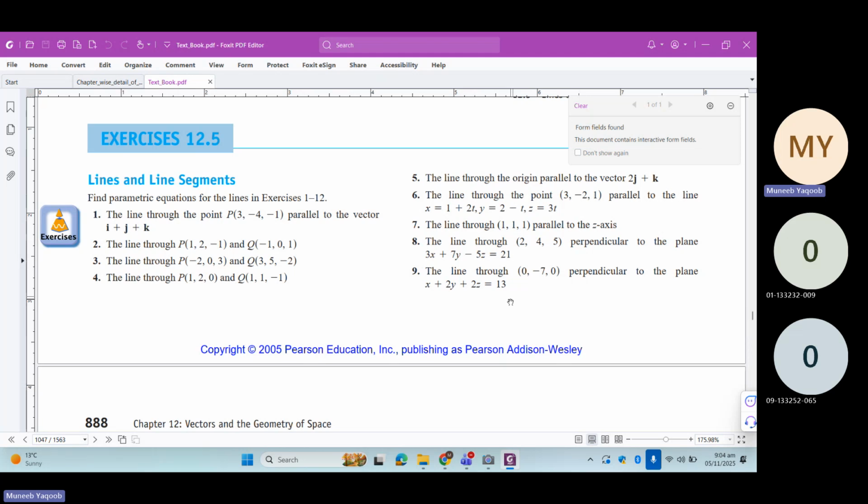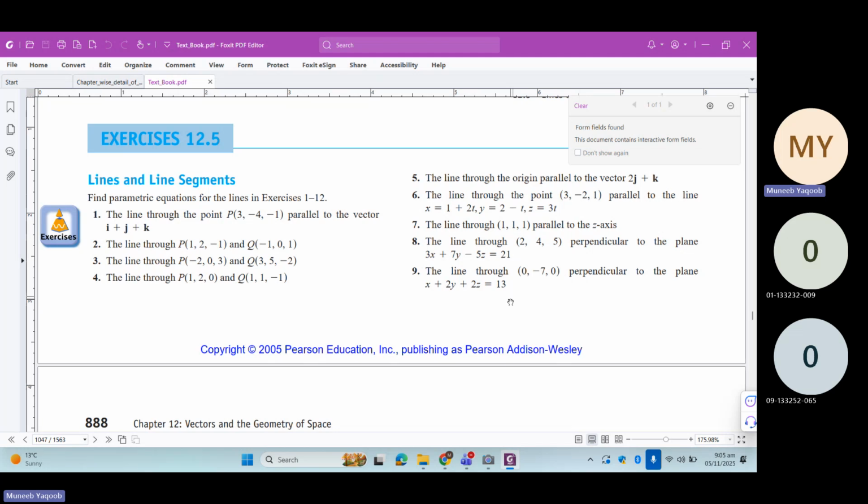Okay, if we are to solve question number 6, they are saying the line through the point is parallel to the line x equals 1 plus 2t, y equals 2 minus t, and z equals 3t. So let us solve question number 6. In question number 6, we are given a point which is (3, -2, 1).